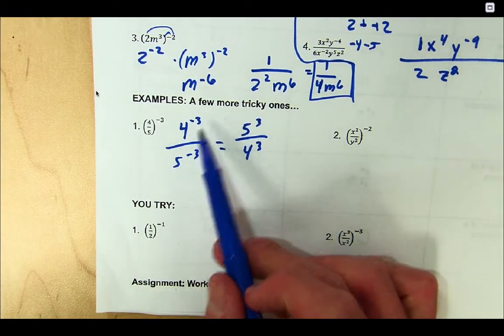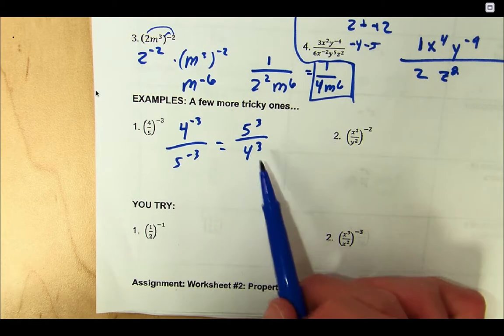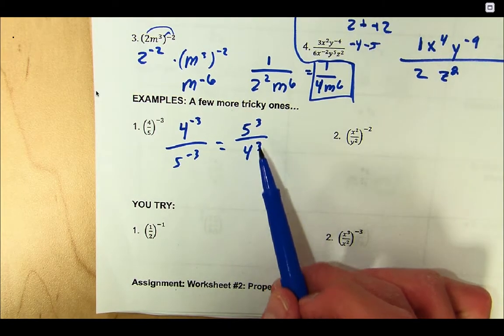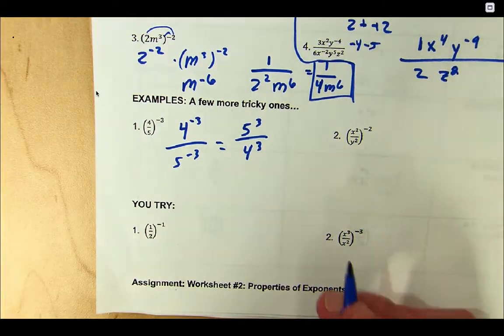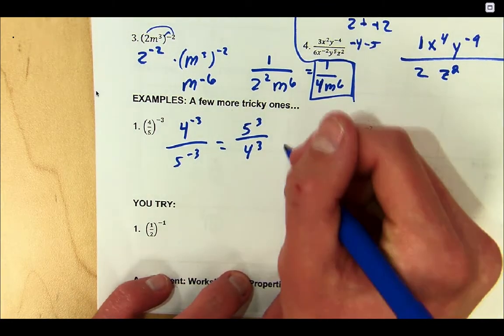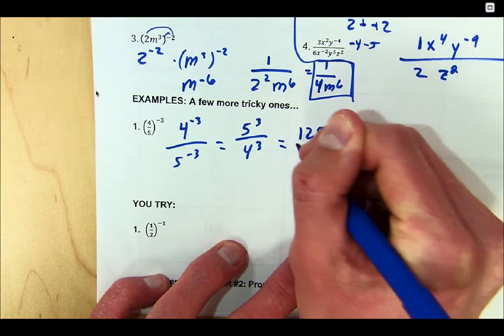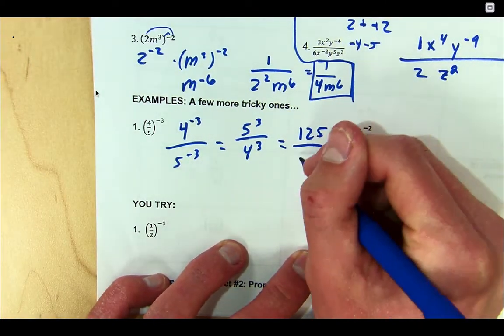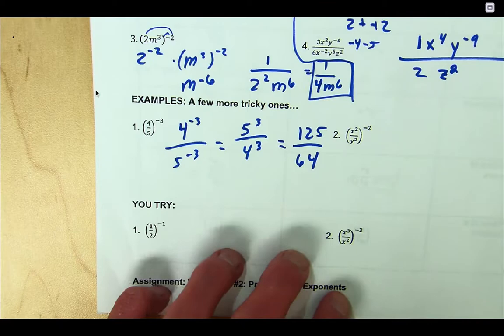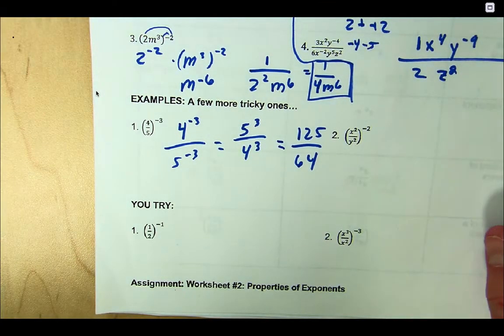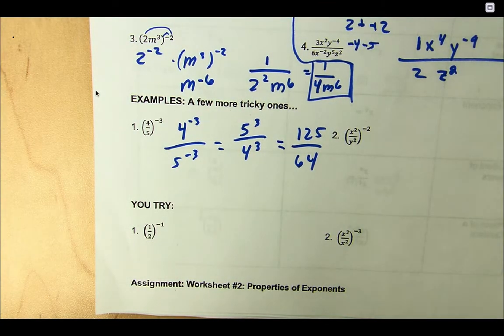So 4 to the negative 3 over 5 to the negative 3 is equivalent to this, where the 3's become positive, but then your numerator and your denominator switch. And then if you have your calculator to assist you, 5 to the third is 125, and 4 to the third is 64. So that fraction becomes 125 over 64.